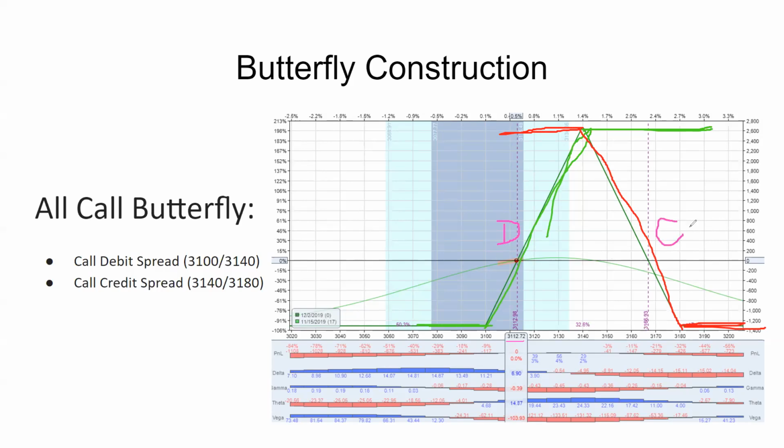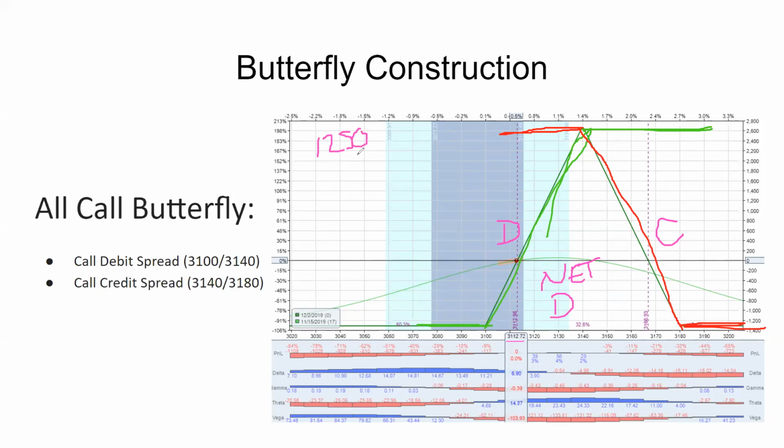Now, because this credit spread does not have enough premium to cover the cost of the debit spread, this is going to be a net debit transaction. And this net debit is the risk in this trade. In other words, this is the most that this butterfly can lose. So for example, I believe this butterfly is going for something like 1250.